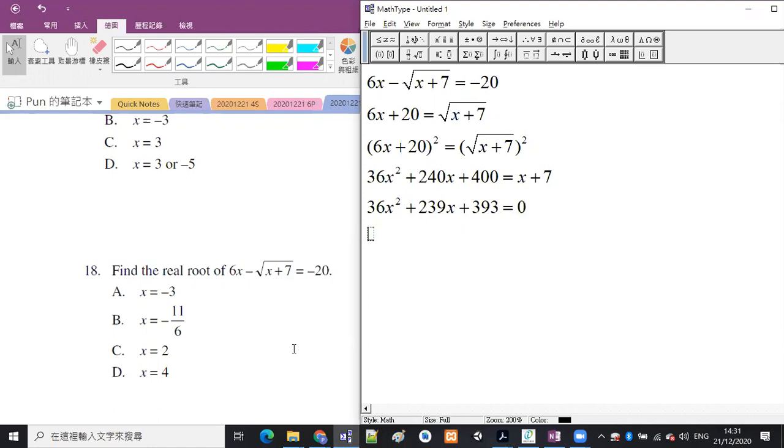Okay, and then you just use the program 1 and you'll find that, what is that? Let me see.